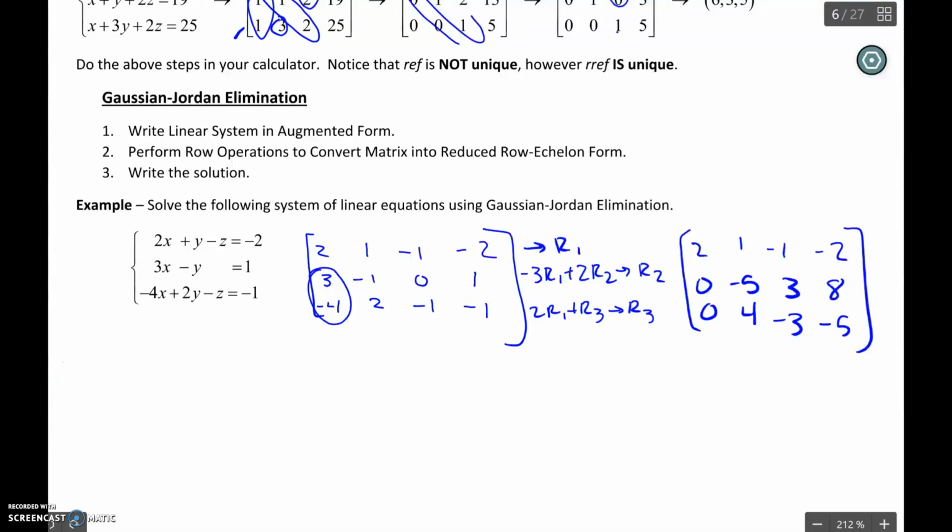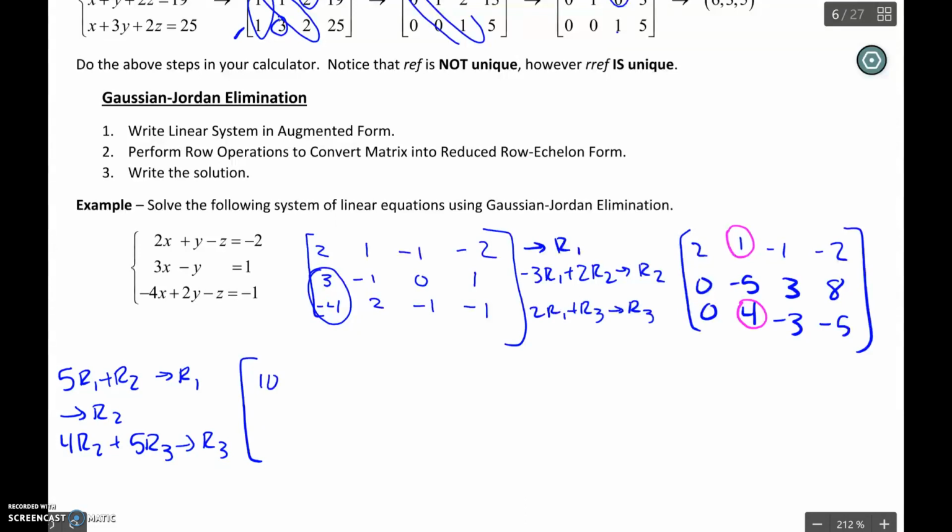So now we need to make this 0 and this 0. So I can do 5 row 1 plus row 2 to be my new row 1. We're going to keep row 2. And then I need to do row 2 with row 3. So it's going to be 4 row 2 plus 5 row 3 to be my new row 3.